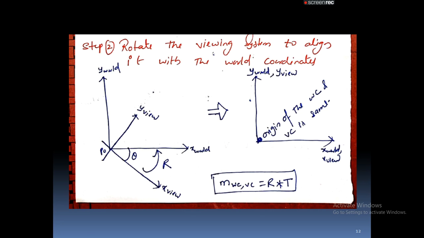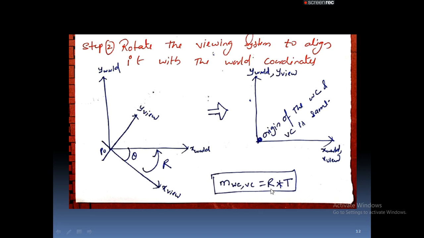So this is the transformation of world coordinate to viewing coordinate. As you can see, to map world coordinate to viewing coordinate, we performed a sequence of two transformations. First I performed translation, second I performed rotation.